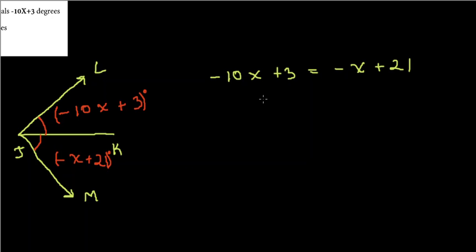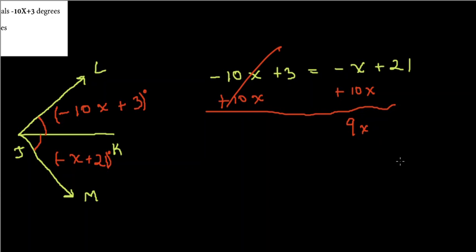I want a positive x, so I'm going to add 10x. And so now, these are going to cancel out like usual. So 10x minus x is equal to 9x.